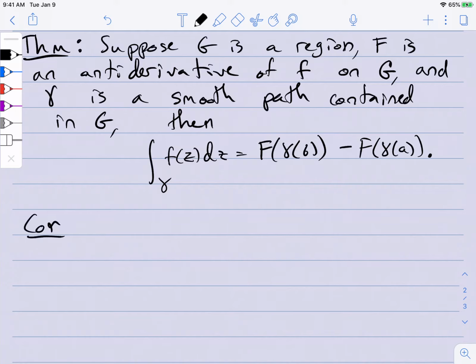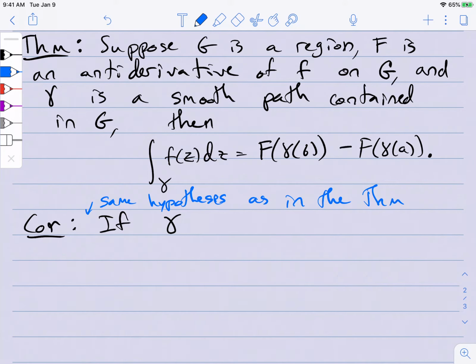Notice one interesting corollary that we get right away is, with the same hypotheses, same setup as in the theorem.